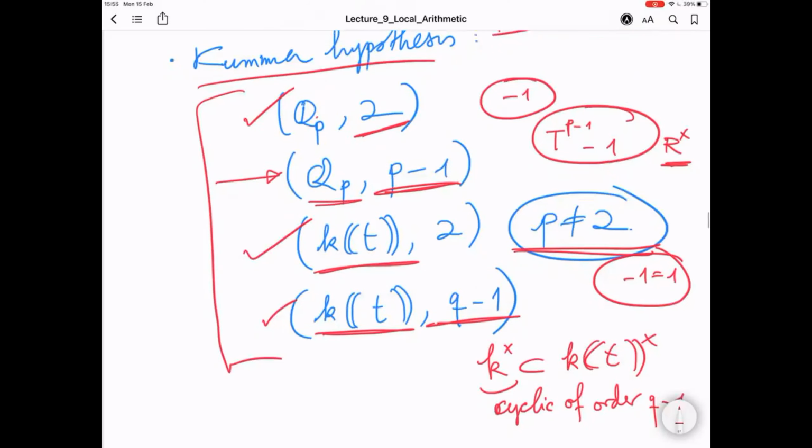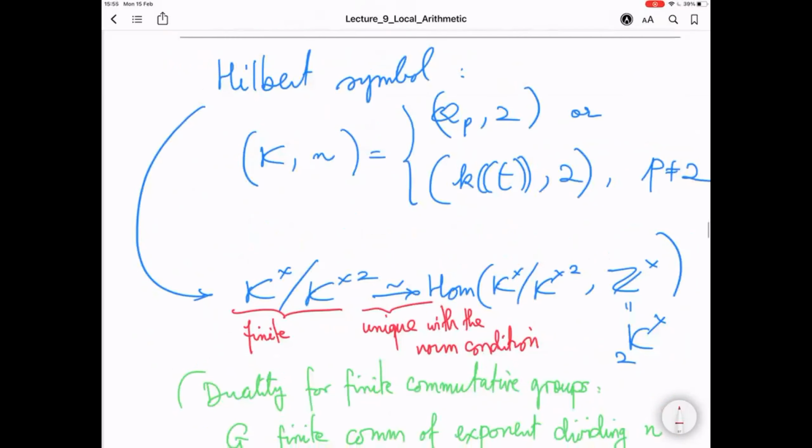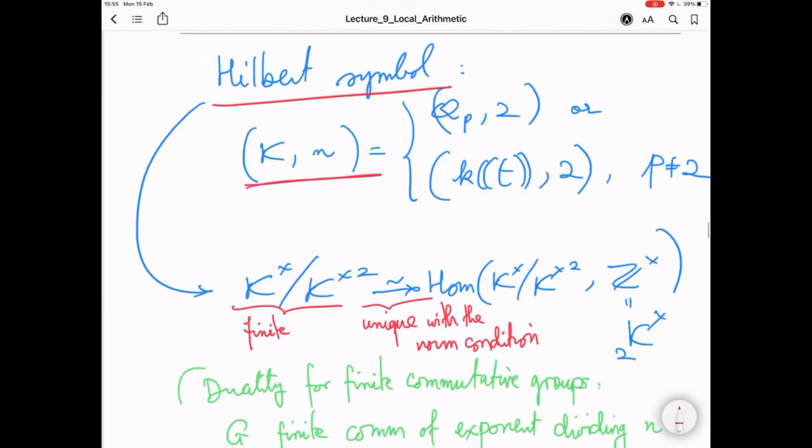Okay, so what the Hilbert symbol did: it worked for this pair K, n, where it was either Q_p with n = 2, p an arbitrary prime, or k((t)) with n = 2, where p is a prime different from 2, right? And what did it do, this Hilbert symbol?